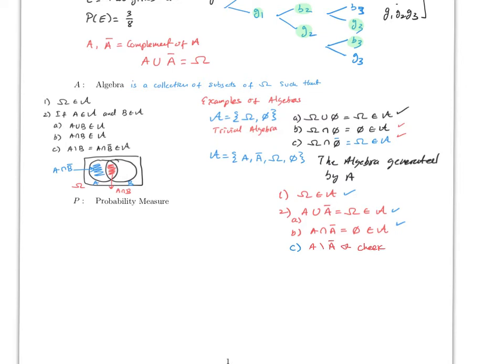And the last example of algebra we're gonna deal with is the following. So the algebra will be the set of A such that A is a subset of omega.